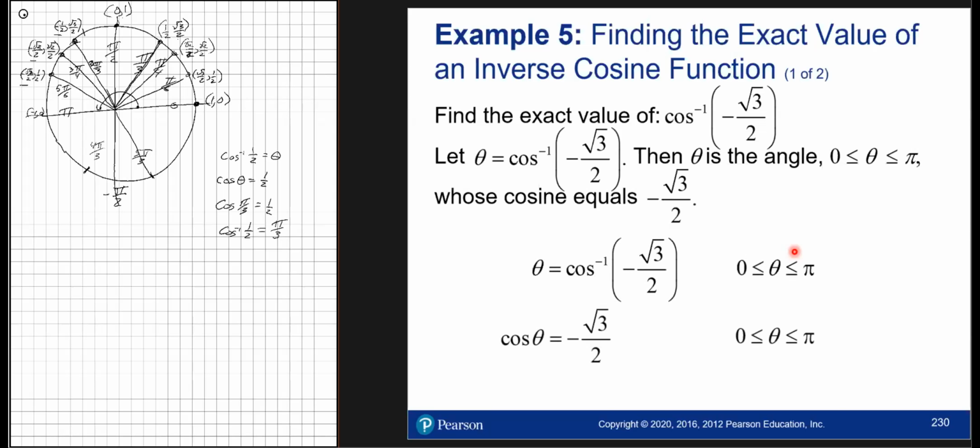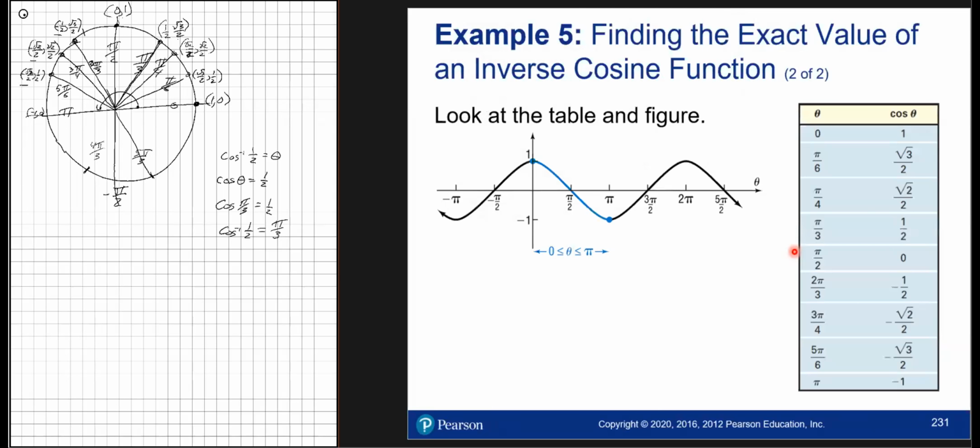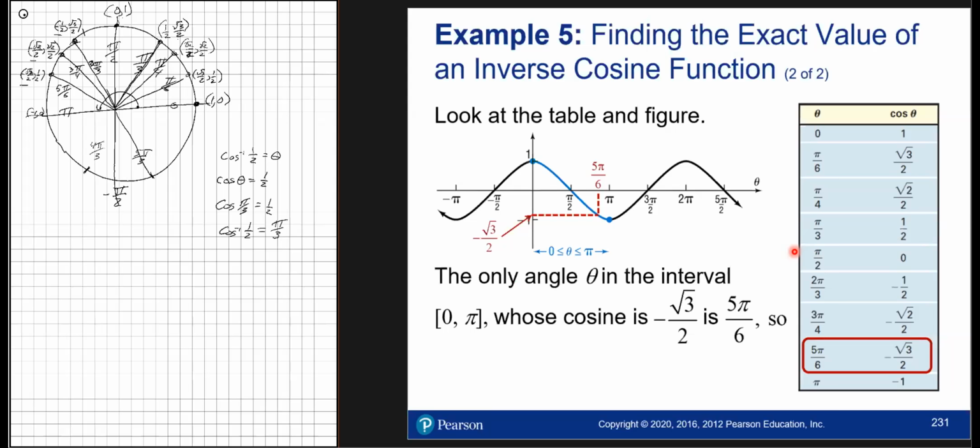And that angle happens to be 5 pi over 6, which is the 5/6 here. And they have that nifty little graphic that showed it as well. So the only angle in that interval is 5 pi over 6. So the cosine inverse of negative square root of 3/2 is 5 pi over 6.